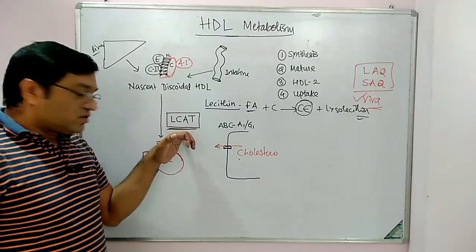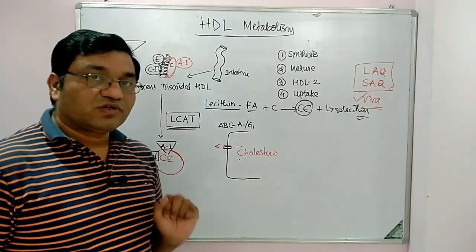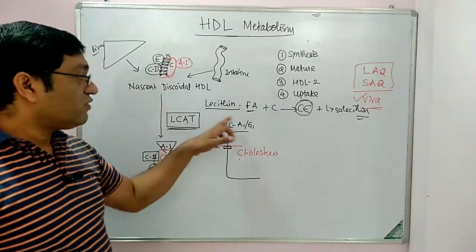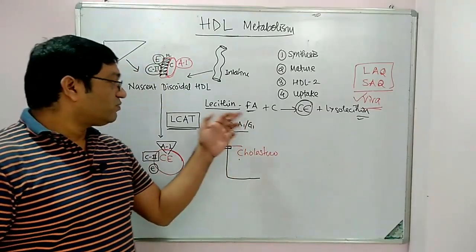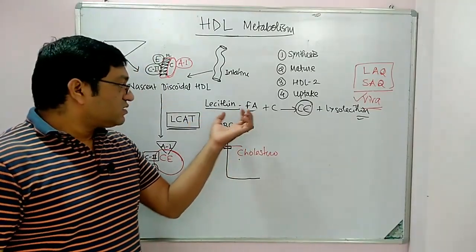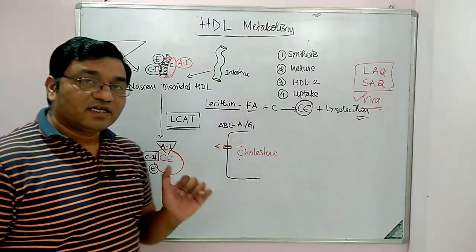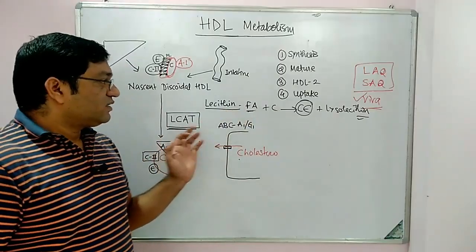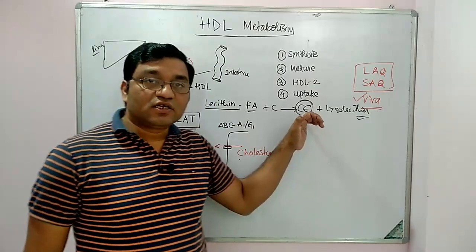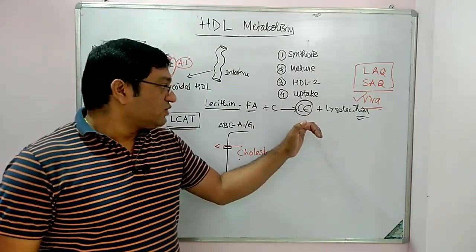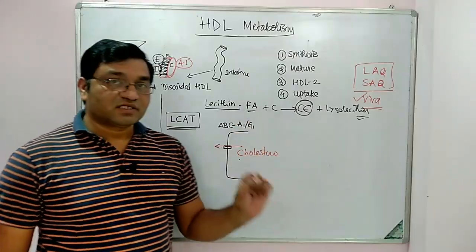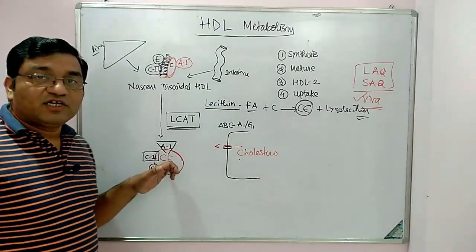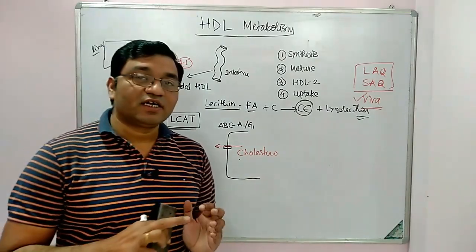Now the enzyme lecithin cholesterol acyl transferase, LCAT, causes esterification of cholesterol with the help of a fatty acid from the lecithin. This fatty acid, which is on the second carbon of lecithin, is removed by the LCAT and attached to the cholesterol at the third carbon. So it becomes cholesterol ester. Now being hydrophobic, this cholesterol ester moves to the interior of the HDL particle, and the HDL particle becomes spherical.